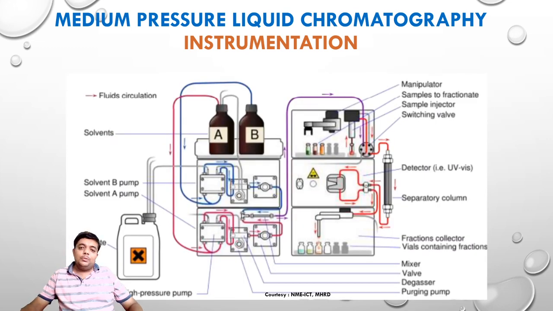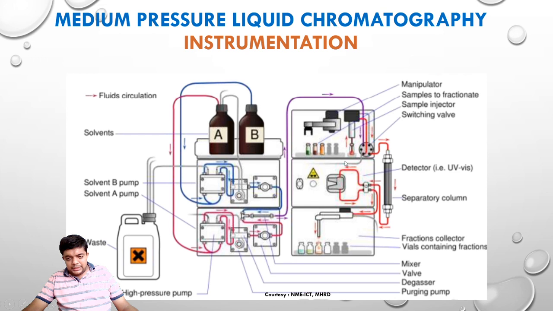Medium pressure liquid chromatography, this is the whole system of MPLC, where you have this A and B as the solvent reservoir. This particular part is the pumping and the injecting system. This particular is the sample that will be injected over here. This is the column where the separation takes place.